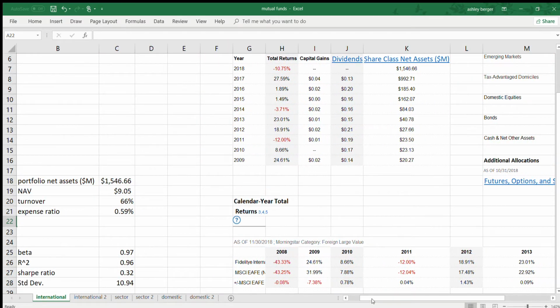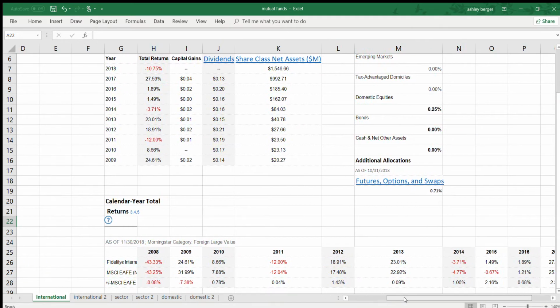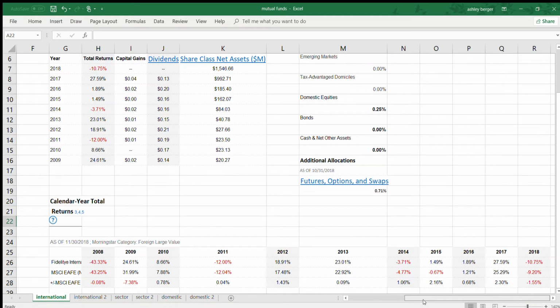This fund is compared to the benchmark MSCI Europe Australasia Far East Growth Index, and within the last couple of years has been growing at about the same rate as the benchmark.